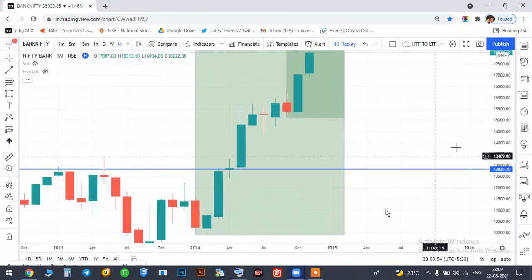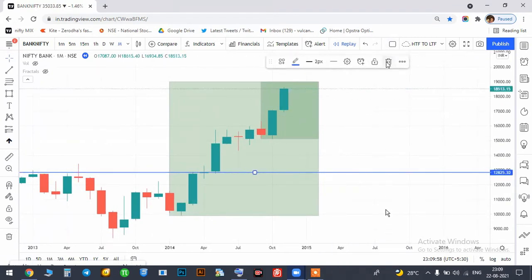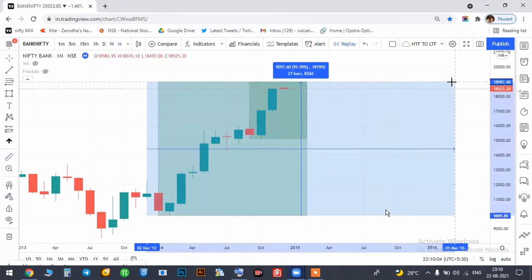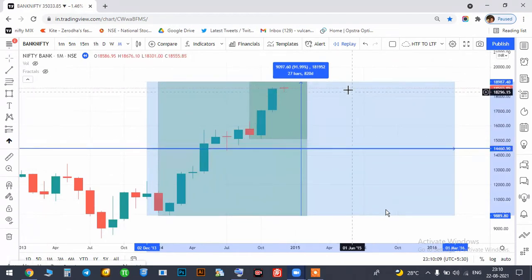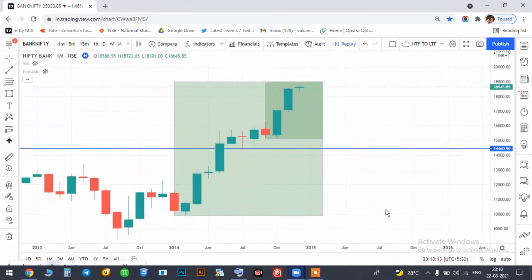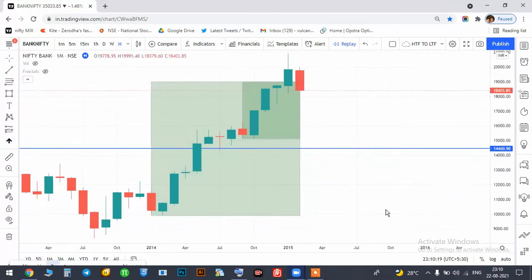Now in this range, when price has already moved, what will I do? I will move my 50 again. So now my 50 is here. See, it expanded again.